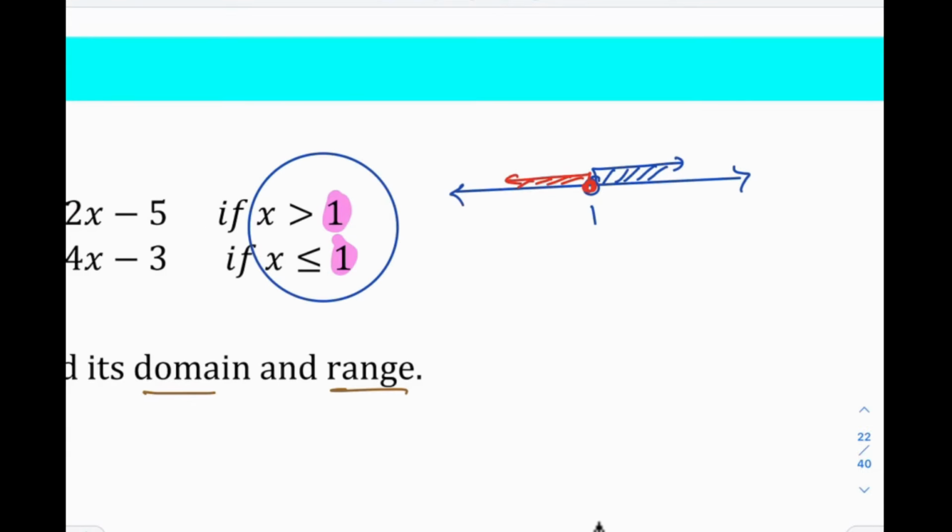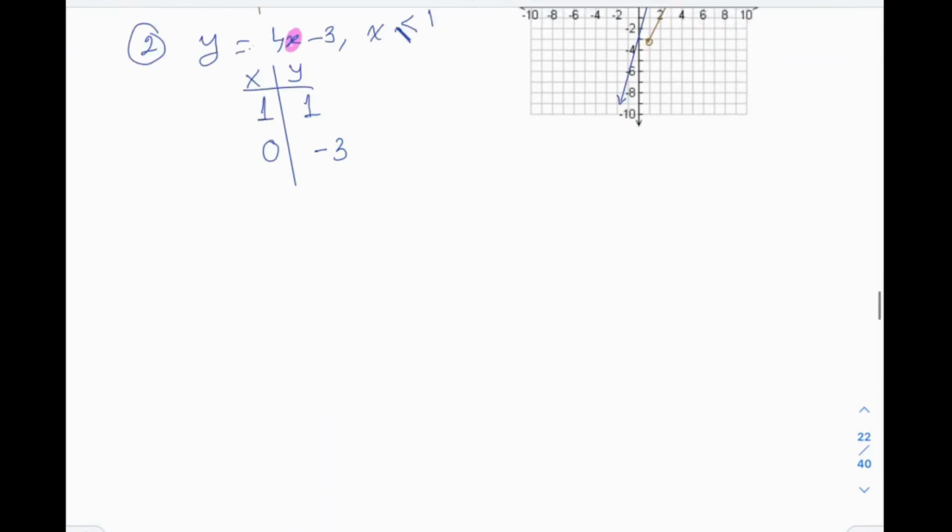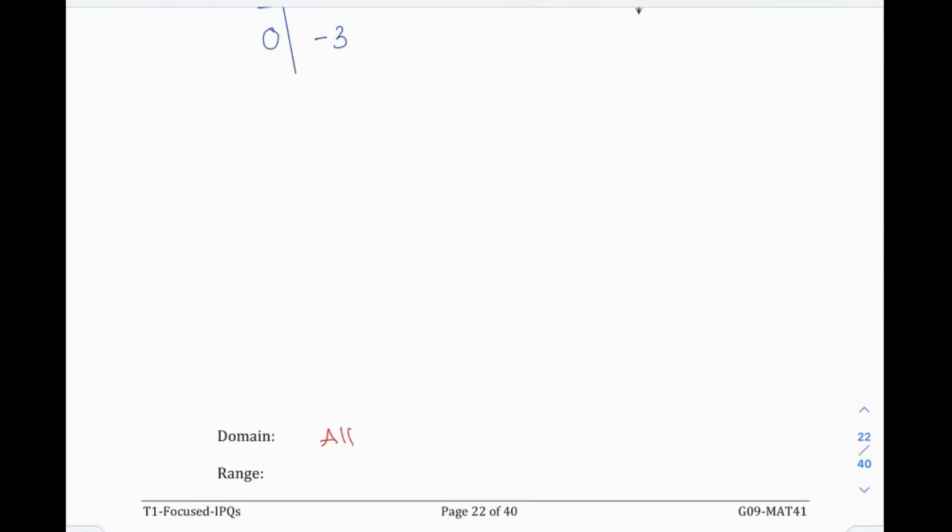It's very clear here. If you look at the shaded region, we can use any number on the number line. We can use all real numbers. So in this case, it includes all the number line, which means your domain here is all real numbers.